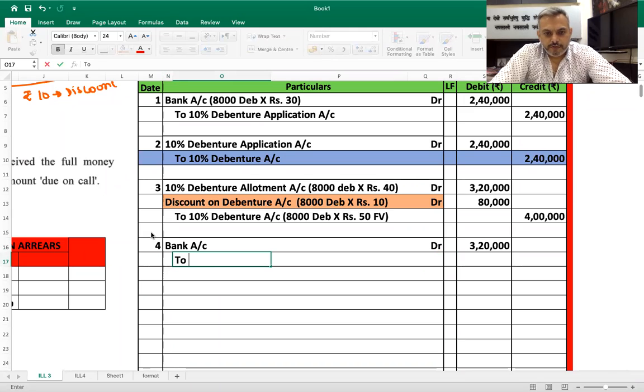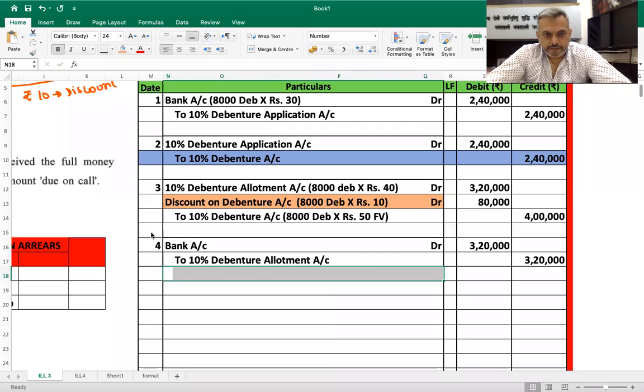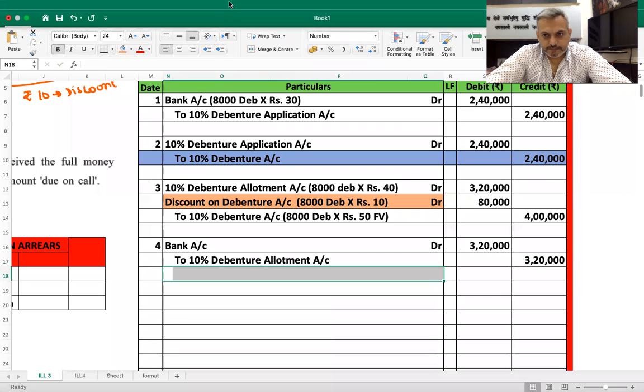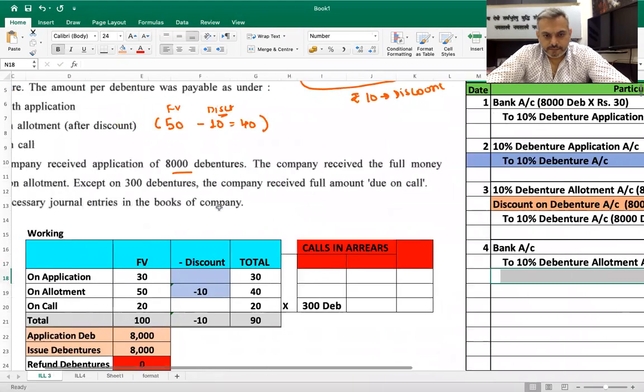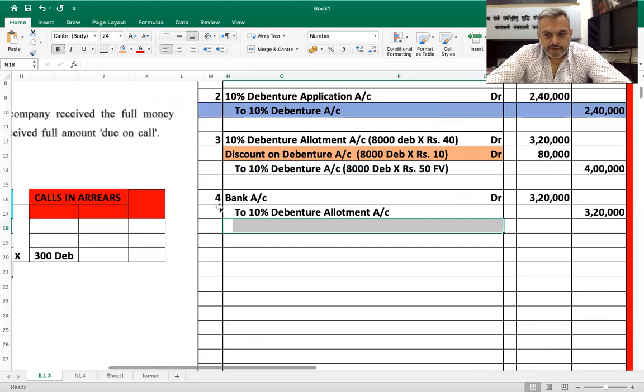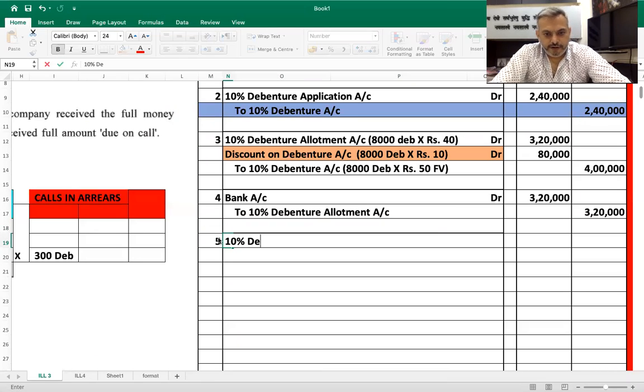To 10% debenture allotment account, 3,20,000. Now let's make the call. Fifth, 10% debenture call account or even final call you can use.